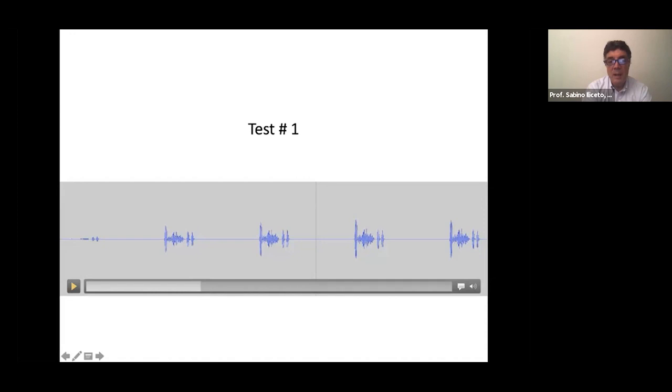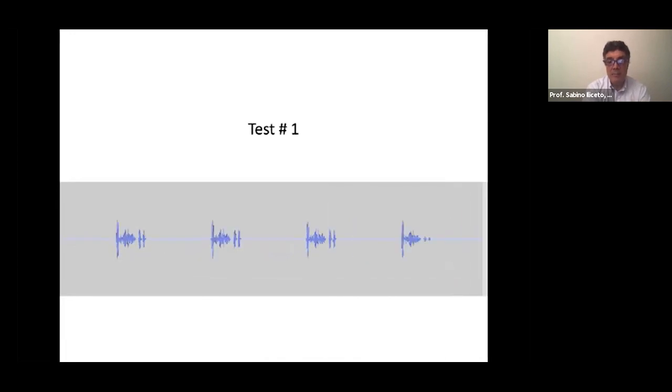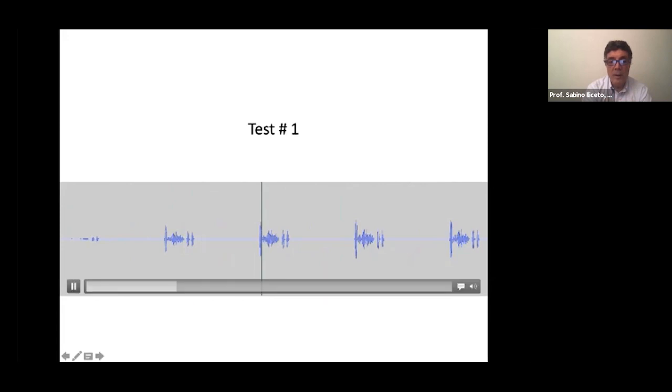So this is a very nice recording of an atrial septal defect. As you can see, there is an ejection murmur, a first sound, and a split second sound.